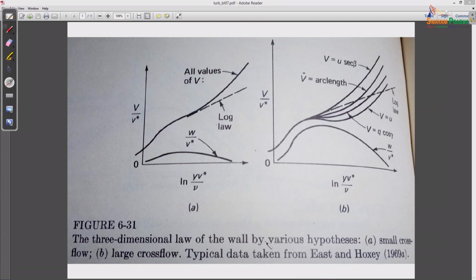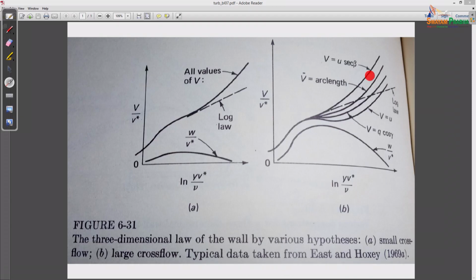So you can see that for smaller cross flow, all the methods seem to collapse into the same curve, so they don't make much of a difference. But when the cross flow is large, we seem to have a different result for all these methods.